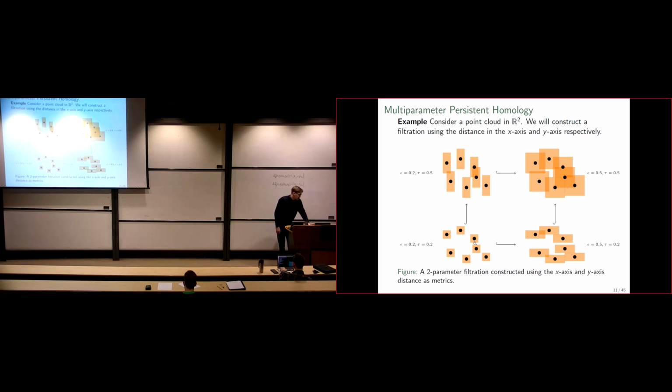And if we go in the epsilon direction of the filtration, which corresponds to the x-axis and the x distance, we will start to enlarge our rectangle in the x direction.